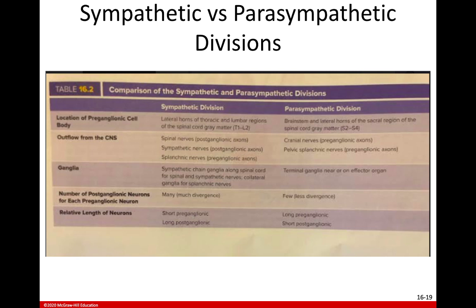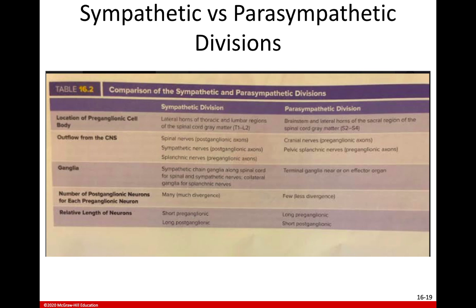Again, remember those spinal and sympathetic nerves synapse with the pre and postganglionic neuron synapse in the chain ganglia, and then the splanchnic nerves, those pre and postganglionic neuron synapse in the collateral ganglia.